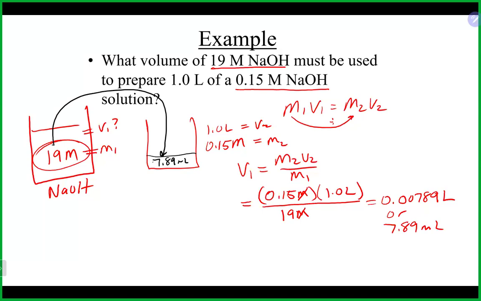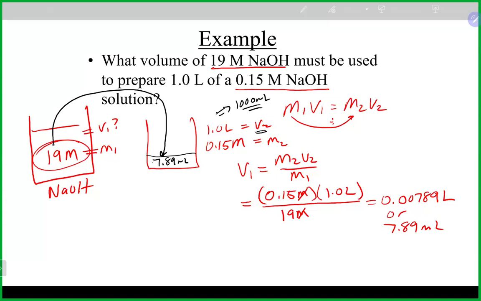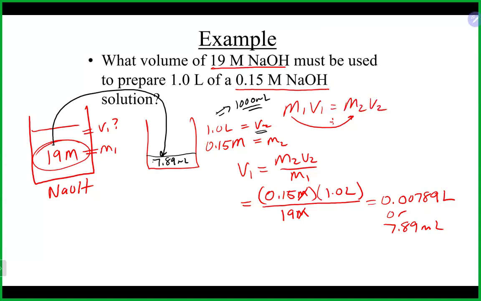Now remember that the total volume of our new solution we are looking for is 1 liter or 1,000 milliliters in this case. Would I put 1,000 milliliters of water in there with that? The answer is you would not, because you would then end up with 1,007 milliliters total volume, and that would be too much. So oftentimes in dilution problems, we're interested in how much water we need to add.